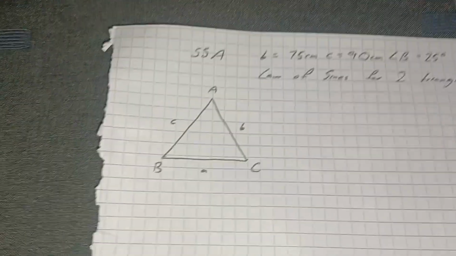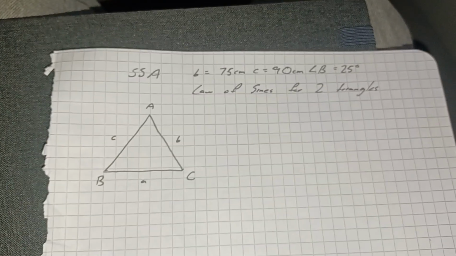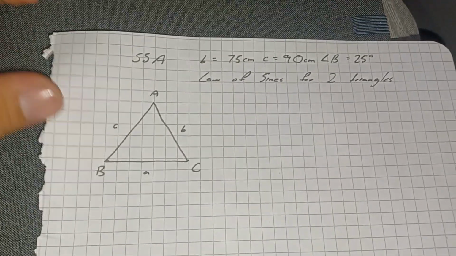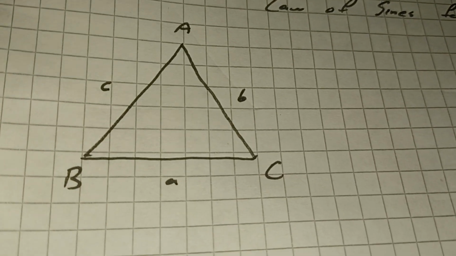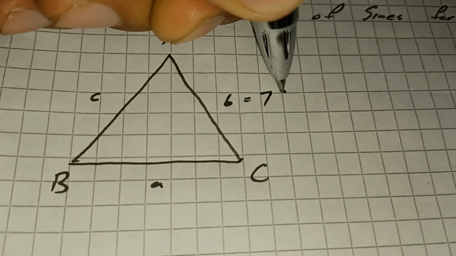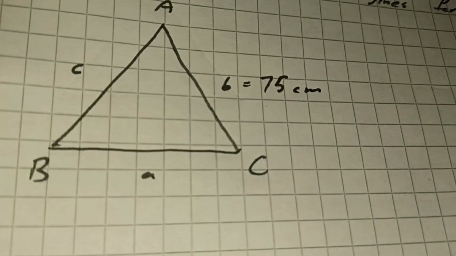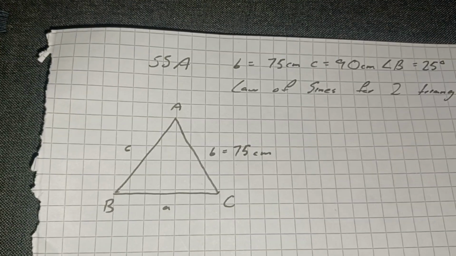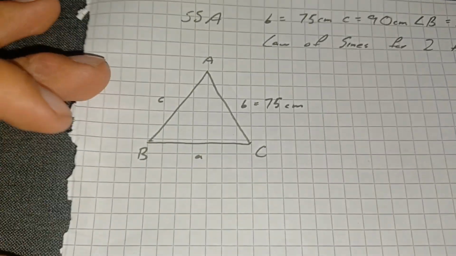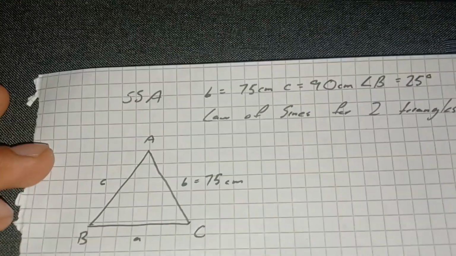Okay. So now we can go ahead and plug in our values, where b is going to be 75 centimeters. So let's go ahead and label b as 75 centimeters. c is equal to 90 centimeters.